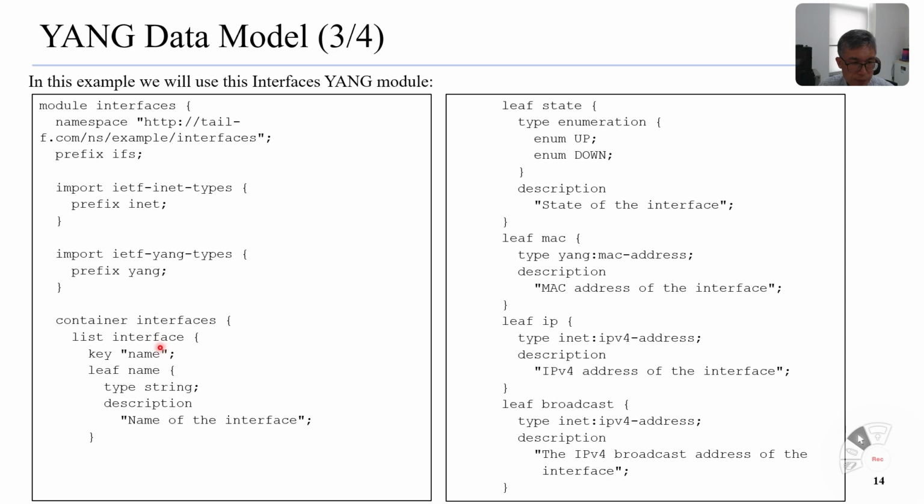The key element is the name, and name is a string, and state is an enumeration, just up and down. And the MAC address is the IEEE 802 MAC address, CSMA/CD or 802.11 variants, and IP version 4 addresses, and broadcast is also an IP version 4 address.